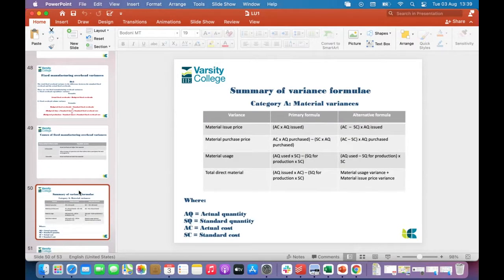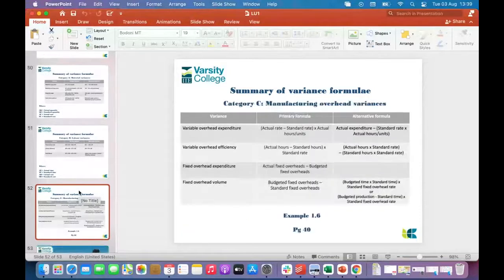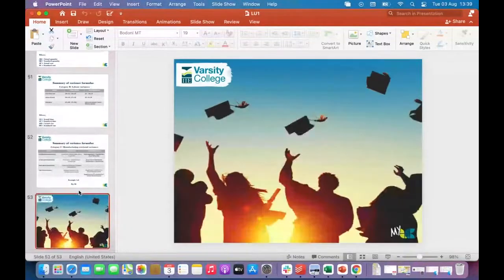There you get a nice summary of your material variances, then a nice summary of your labor variances, and finally a summary of all of the manufacturing overhead variances. And that is your learning unit 1.